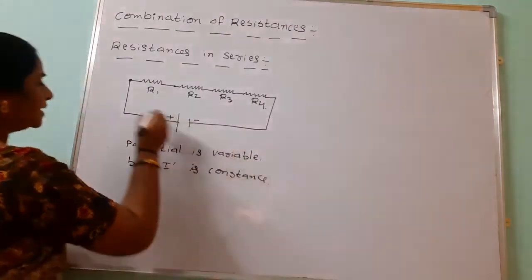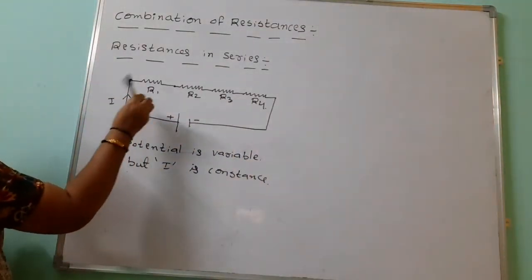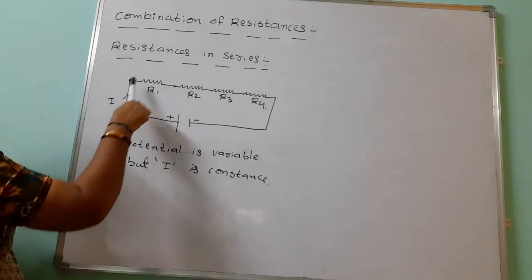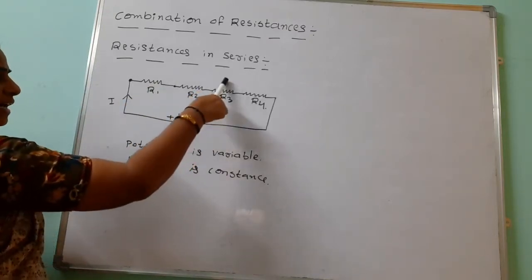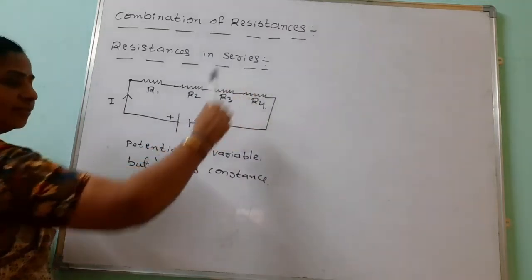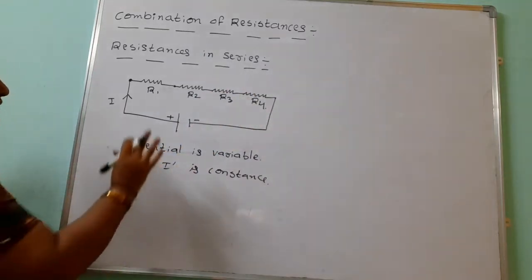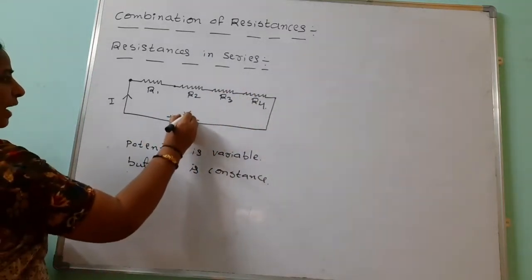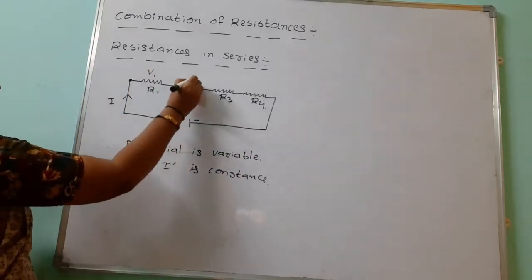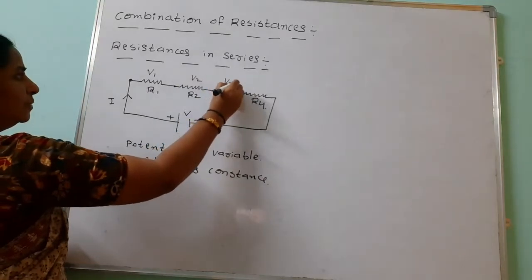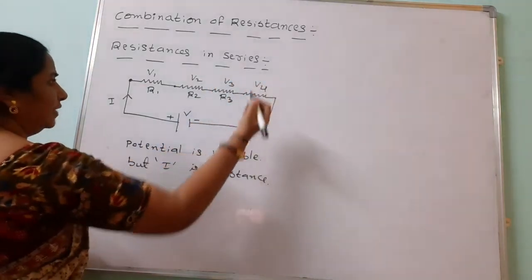Here the current passing through the circuit is I. Across R1 the current is I, across R2 the current is also I, across R3 also I, and across R4 also I. But we should observe that across the battery the potential is V, across R1 it is V1, and then V2, V3 and V4.